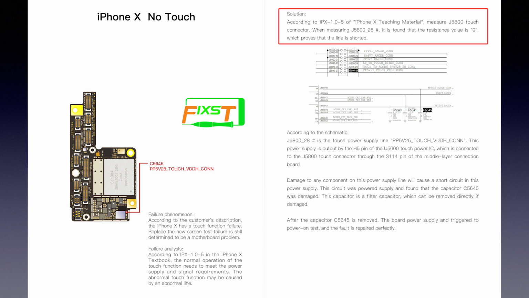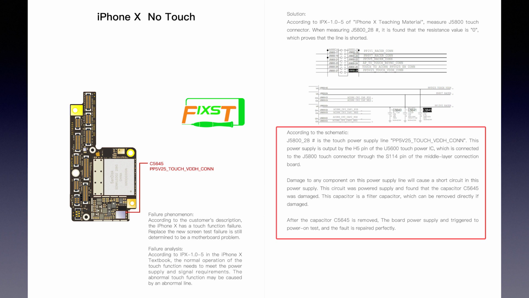When measuring pin 28 of J5800, it is found that the resistance value is 0, which proves that the line is shorted. According to the drawing, pin 28 of J5800 is the touch power supply line PP5V25 touch VDDH CONN.